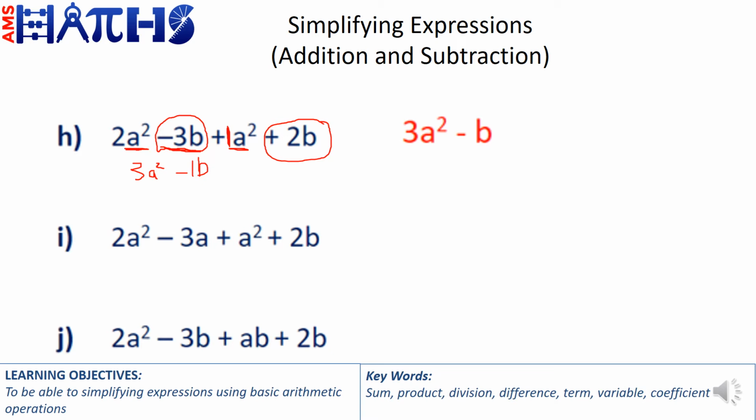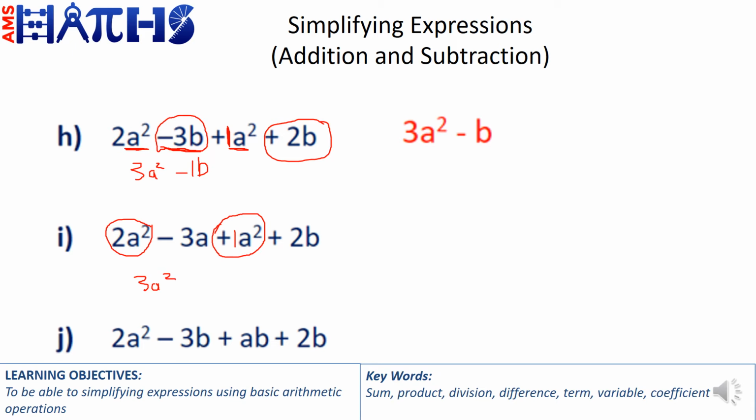In our second example, we have a squared again. We also have a and we have b. Now, a squared is a totally different name from a, so those cannot be combined. So we have to be careful that we use the same names when we are adding and subtracting to simplify our expressions. So it is therefore 2a squared plus 1a squared, and that gives us 3a squared.